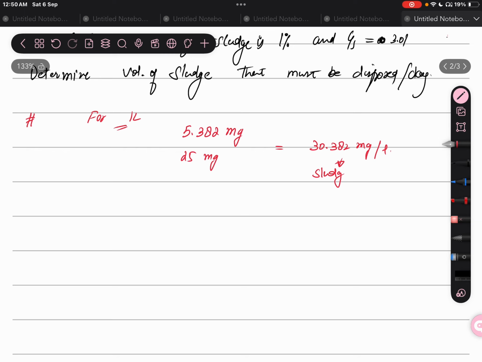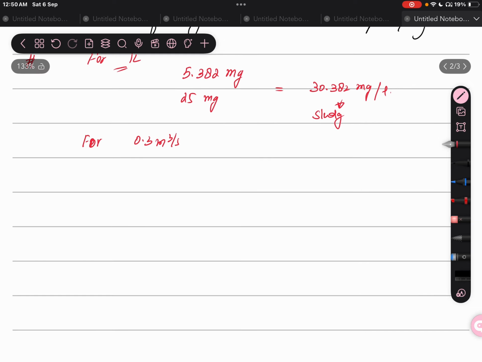Now we'll see for 0.5 meter cube per second how much sludge will be there with respect to time. So simply we'll multiply 30.382 milligrams per liter into 0.5 meter cube per second.